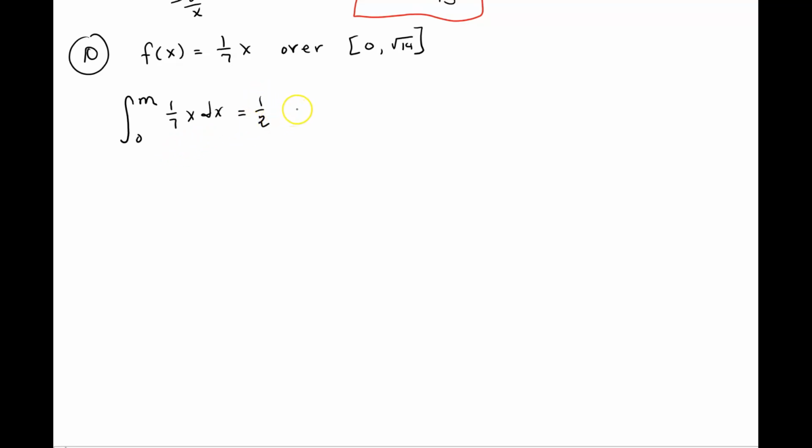This isn't too bad of an integral because it's just 1 over 7 and then x squared over 2. So we end up with 1 over 14 x squared evaluated from 0 to m, and we set that equal to 1/2. Now we have 1 over 14 m squared minus basically 0 equal to 1/2.